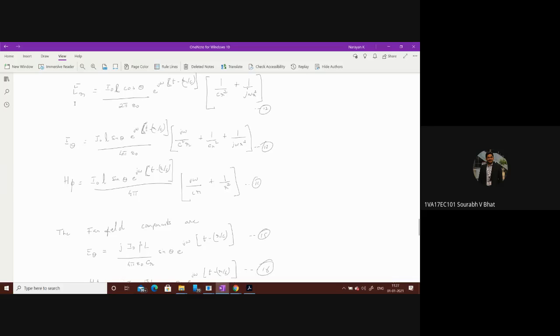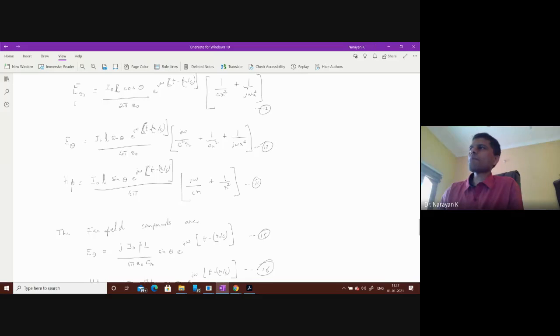Negligible. It becomes negligibly small. So in far field, you will not have the ER component. If you have the ER component, it is not an antenna, because it is an induction field. It is not a radiating field.